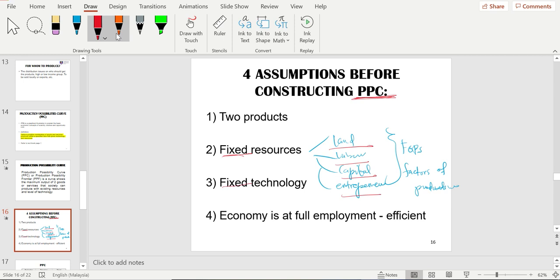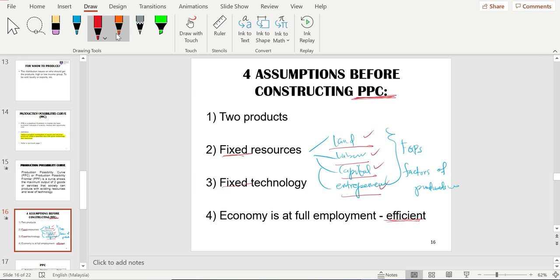Okay, and next is economy is at full employment. Full employment, it means that all these 4 factors of production, land, labor, capital, entrepreneur, the country is using efficiently. Efficiently maksudnya menggunakan dengan sebaik mungkin.